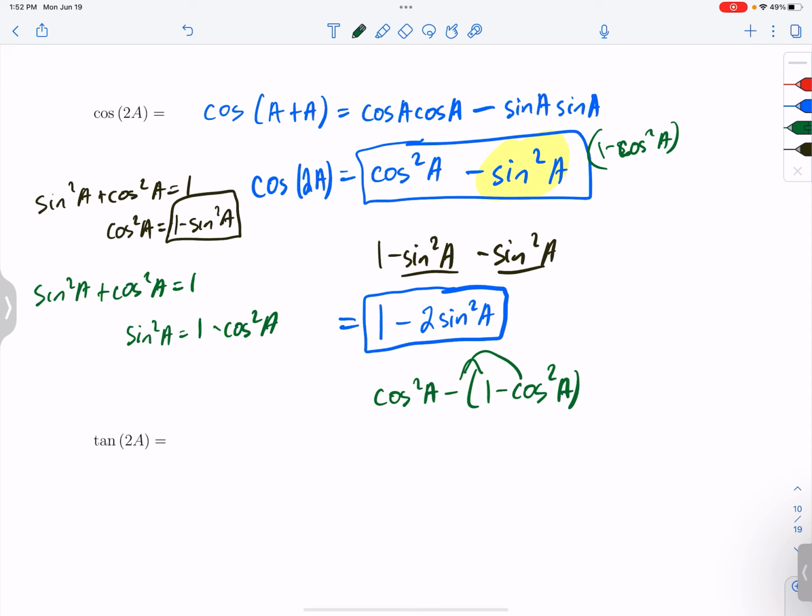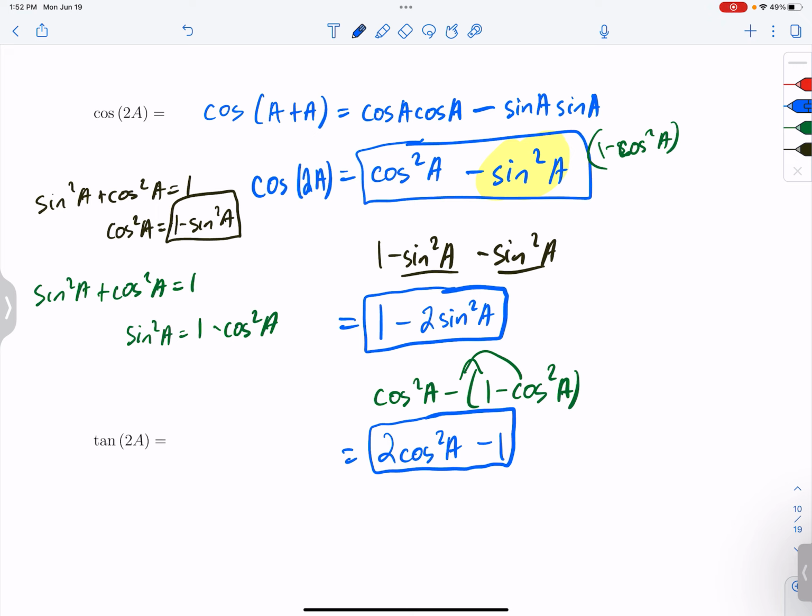Distributing this, I'm going to get 2 cosine squared of a minus 1. So that is a third version for the double angle of cosine. Now, when we're working with these, we're going to use whichever one works in the context of the problem. So sometimes we'll use one versus the other.